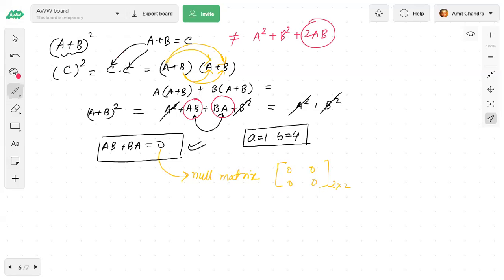That is why we cannot add these two and we cannot write this as 2AB. If this was just simply algebraic A and algebraic B, then it would have been 2AB, because in algebra AB and BA are both same. But because these are matrices, we cannot write AB plus BA as 2AB, because they might or might not be same. So this is not a general result. Understood?